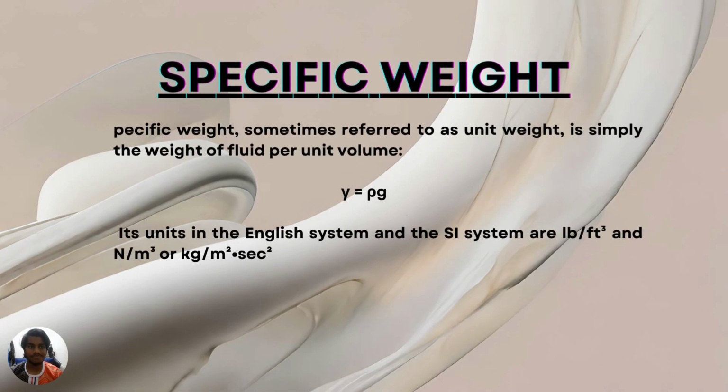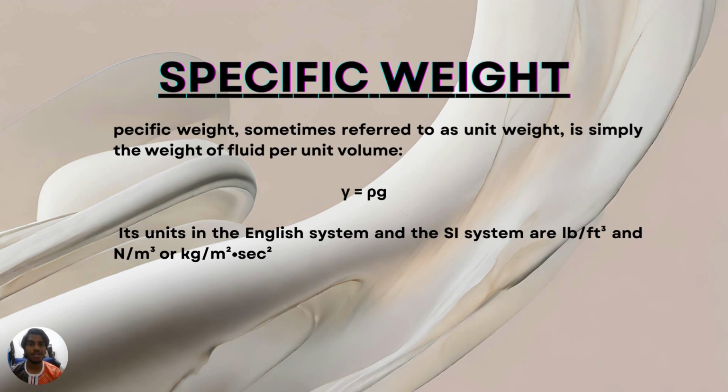Next we can move on to specific weight. Specific weight, sometimes referred to as unit weight, is simply the weight of fluid per volume. Specific weight's formula is equal to density times gravitational acceleration. Specific weight is really important in fluid mechanics because most of our fluid mechanics calculations require specific weight values.